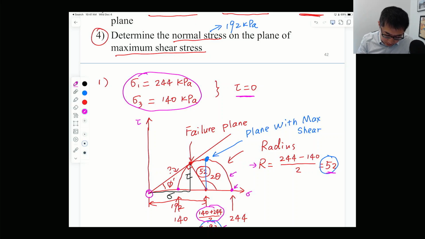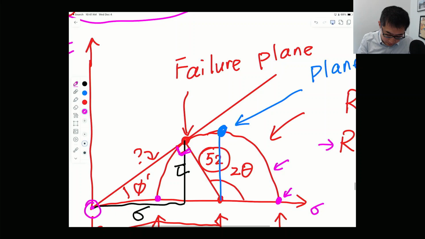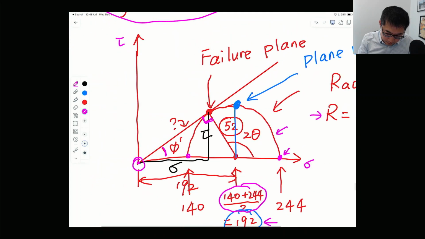With that tangent, you have a right angle over here. And you know that the angle this straight line, the failure envelope, makes with the x-axis is going to be the friction angle.